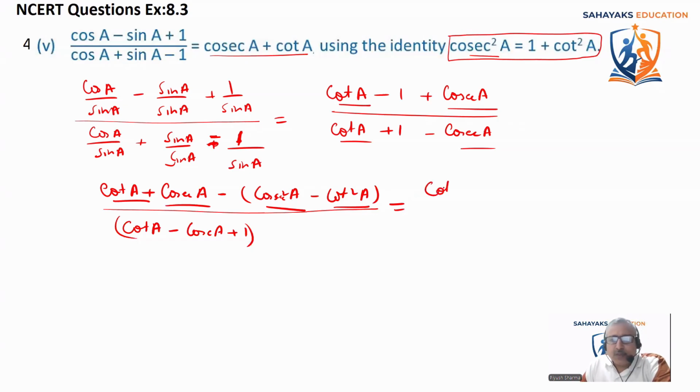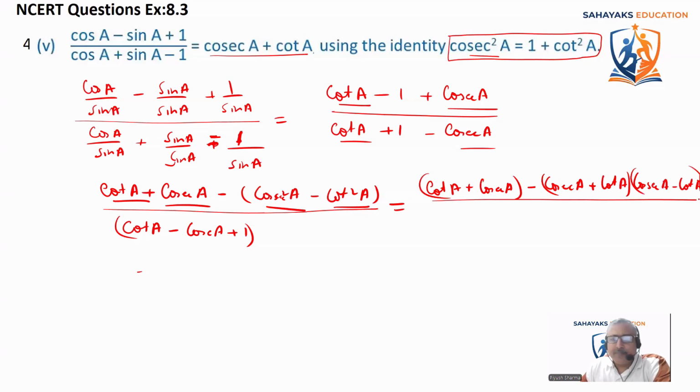So it becomes (cot A plus cosec A) minus (cosec A plus cot A) into (cosec A minus cot A), divided by cot A minus cosec A plus 1.